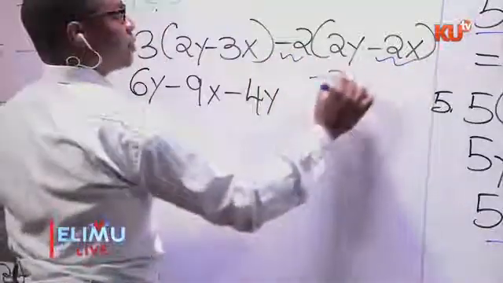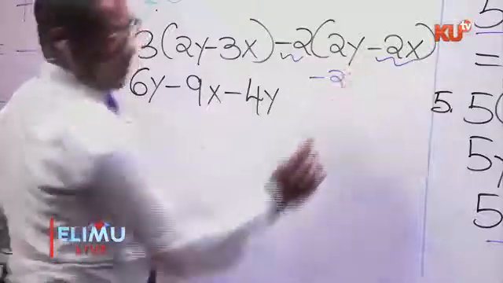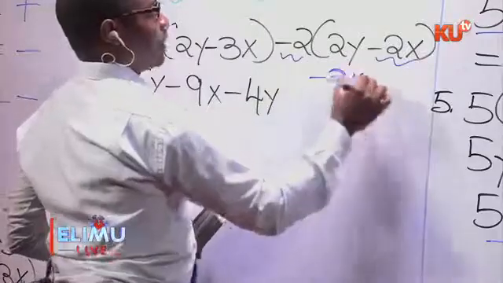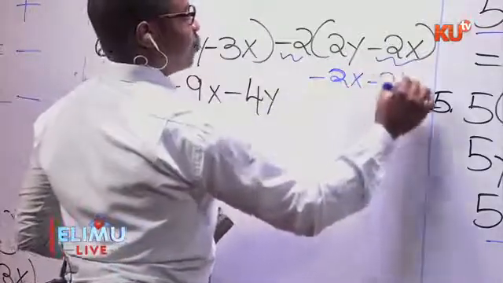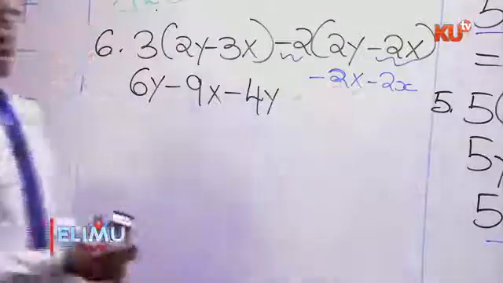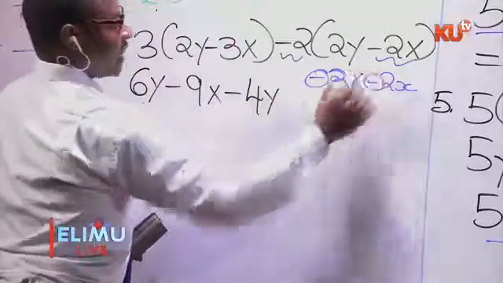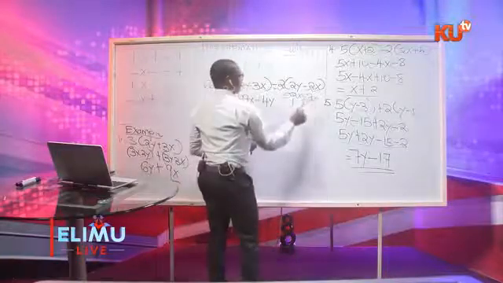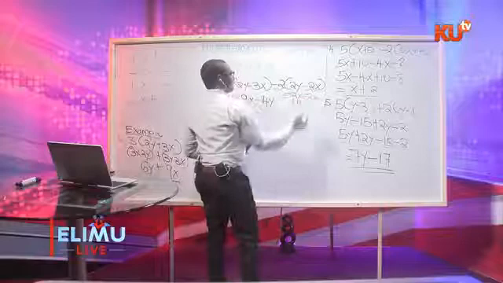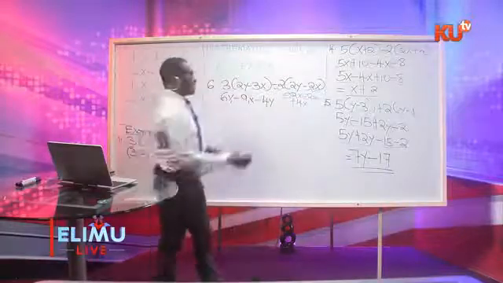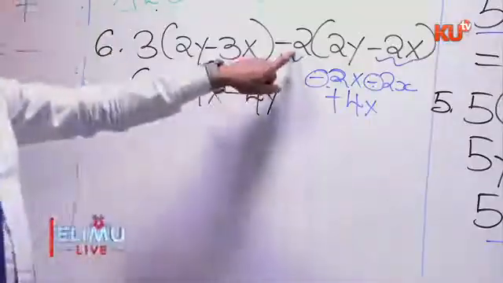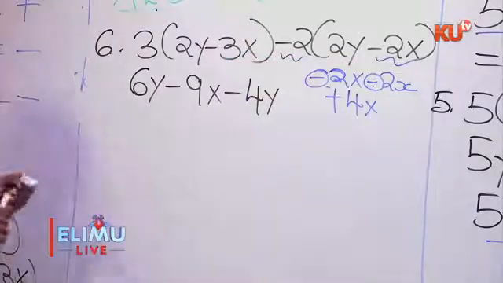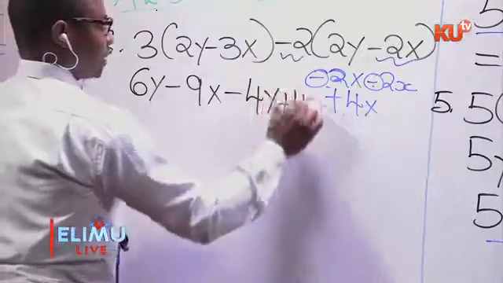When we do this, negative sign times negative sign gives us a positive sign. So 2 times 2x will be 4x. Therefore, we say minus 2 times minus 2x, the answer is plus 4x.